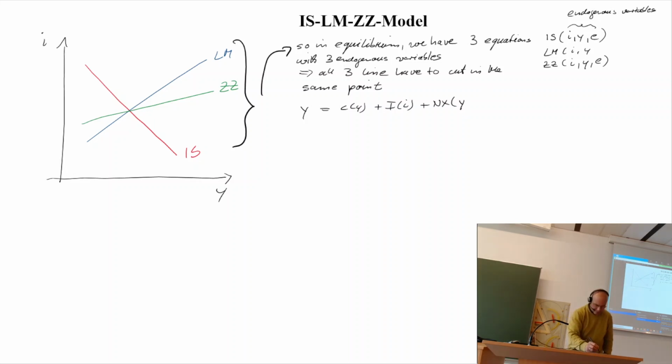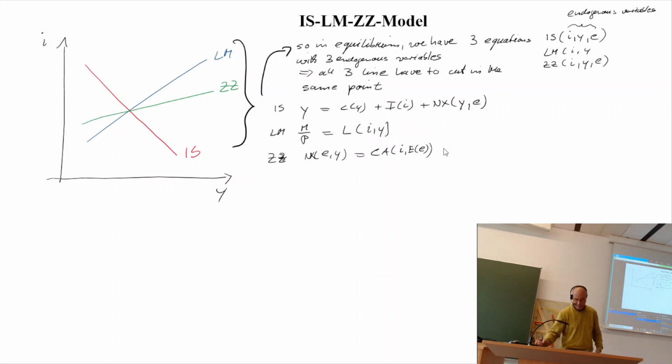I, not I, E and Y. And we have, this is IS, LM, we have M over P is L of I and Y, and we have that Z, that we have NX of E and Y equaling capital account of I and E of I. And this has to be solved simultaneously.